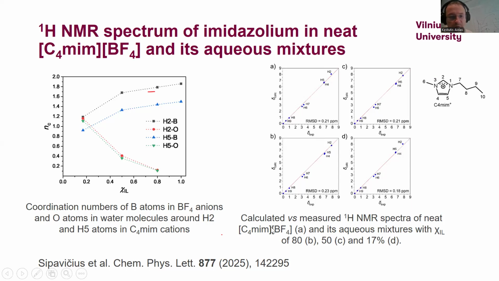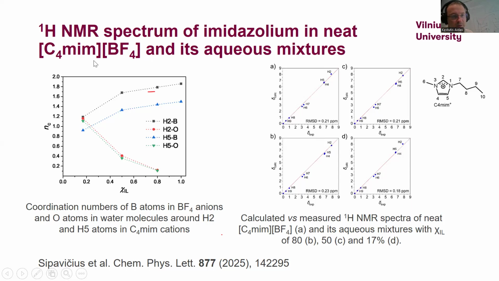This is a very special case, because if you take any other ionic liquid with the same cation and another anion, then the chemical shift of the proton is very sensitive to the composition of the mixture. But for this ionic liquid, for some reason, it is not.